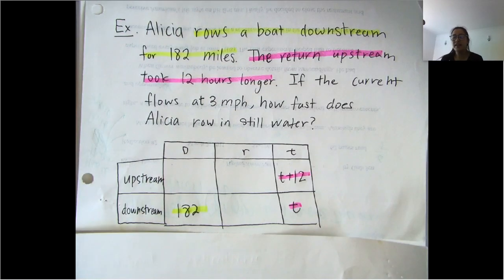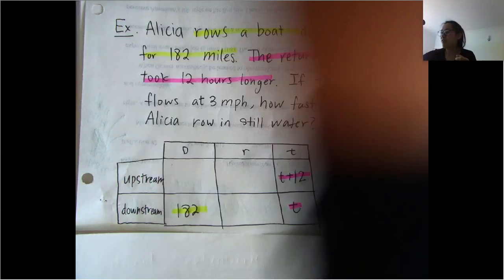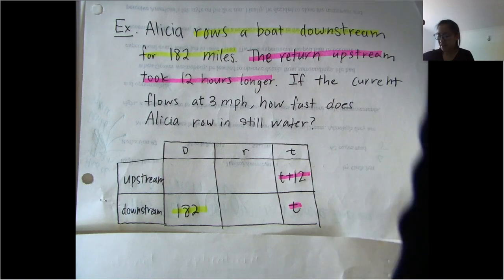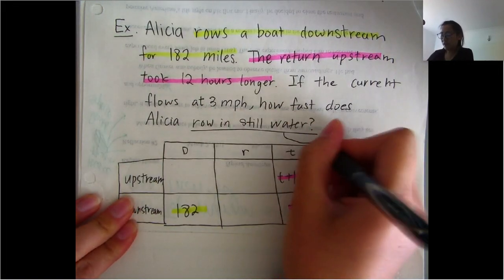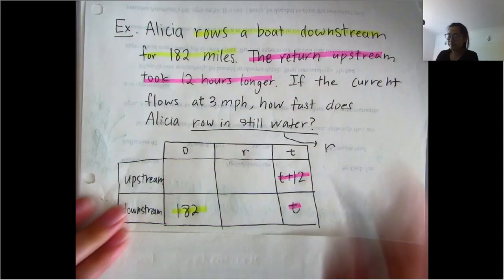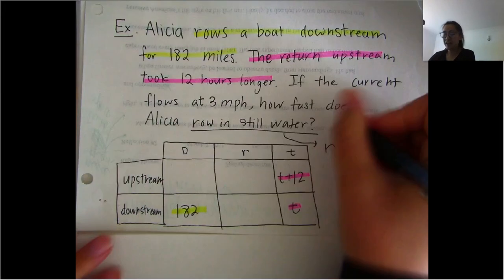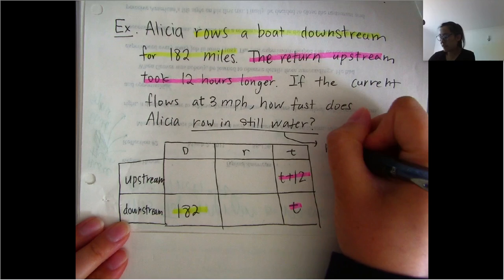Okay, now it says if the current flows at 3 miles per hour, how fast does Alicia row in still water? So we're going to say that the rate that Alicia rows in still water, we're going to call that R because that's what we want to solve for. And then we're going to give it a little subscript so we don't confuse it with anything else.